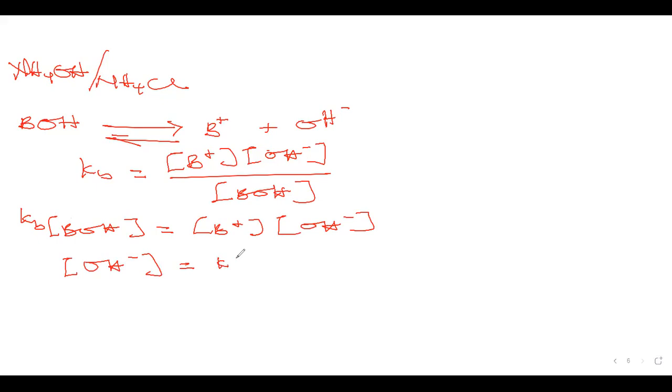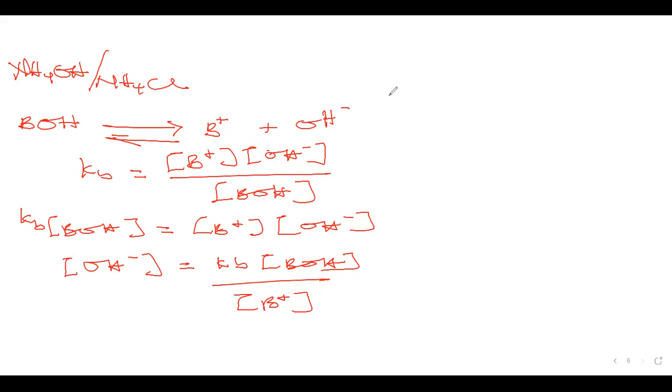I'm going to get OH minus concentration giving me Kb multiplied by BOH divided by B plus. This is what I have.